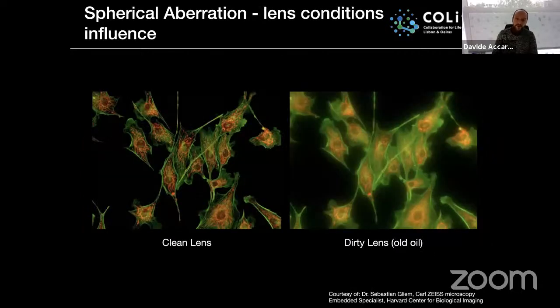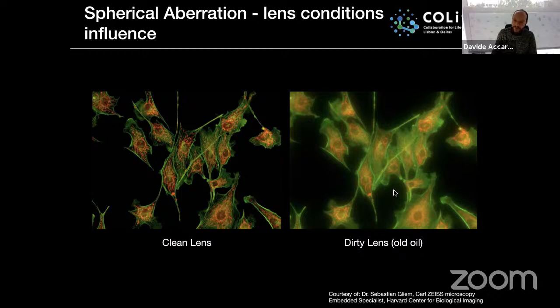Last but not least point to take into consideration, the spherical aberration is also influenced by the condition of your lens. These two pictures were taken by Sebastian Gliem, who is a Zeiss microscopist that works as embedded specialist on the Harvard campus. This picture was taken with a clean oil objective, and this picture was taken with this very same objective, but dirty with old oil. And what do you see here?